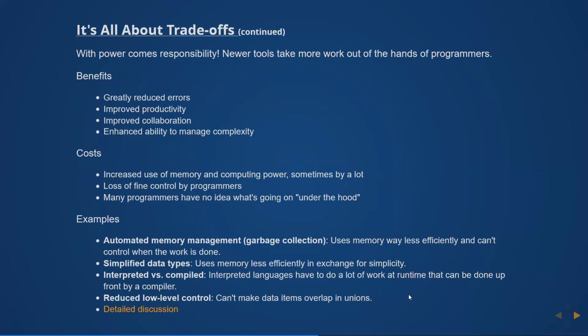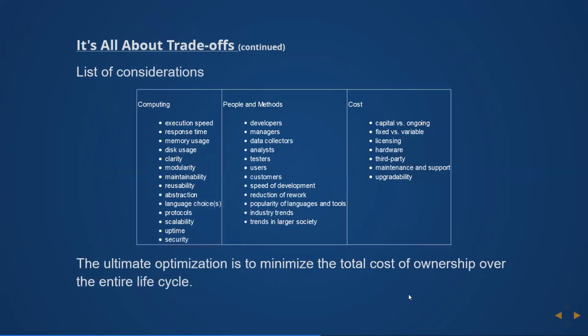You lose some low-level control. You can't do some things in higher level, more abstract languages that you can in lower level system languages. But again, that's to keep you from making mistakes. So we're trading off in a lot of areas.